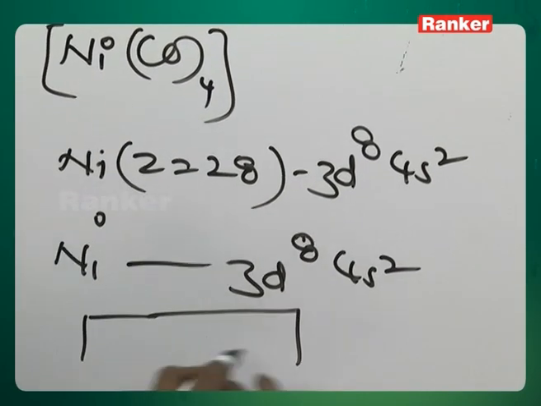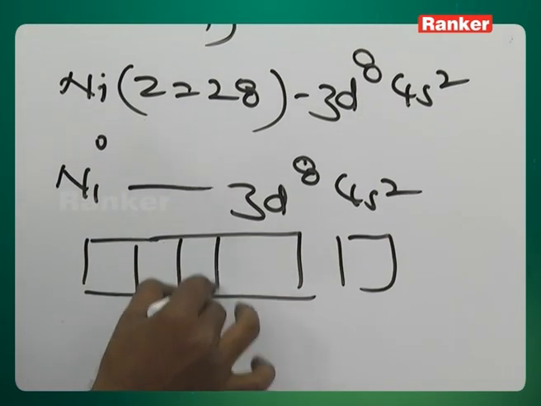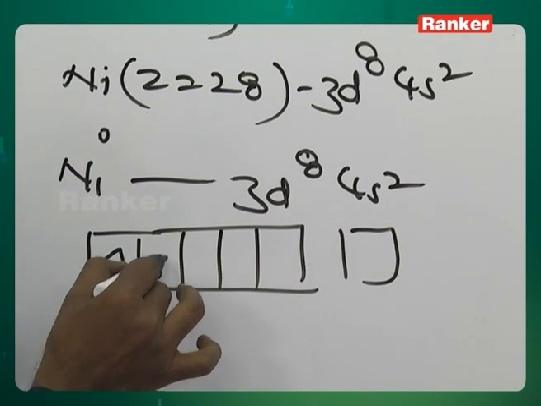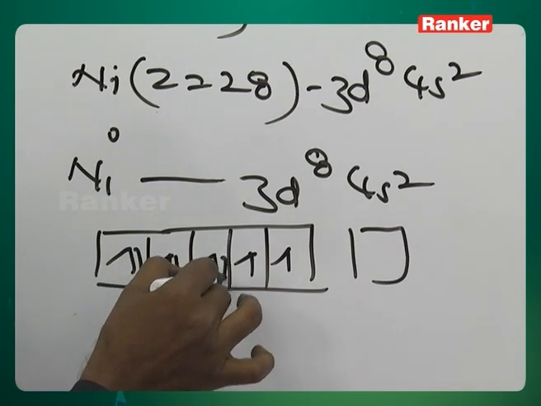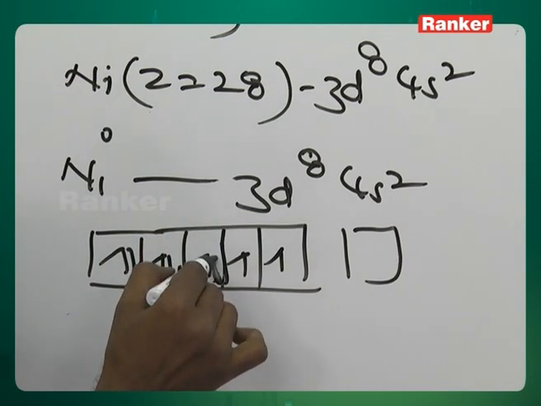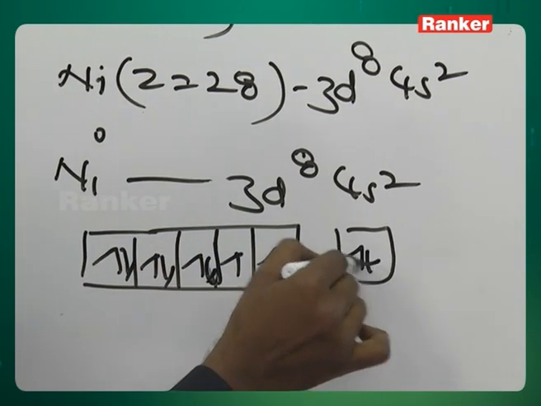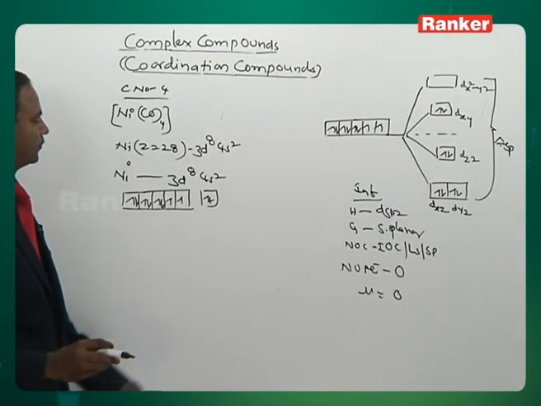The arrangement of electrons in this particular d8 remains the same: 1, 2, 3, 4, 5, 6, 7, 8 electrons, and s electrons are there in this. Here it is d8.